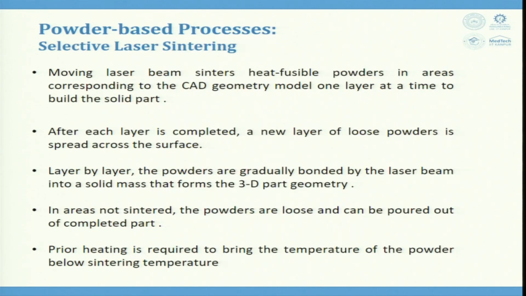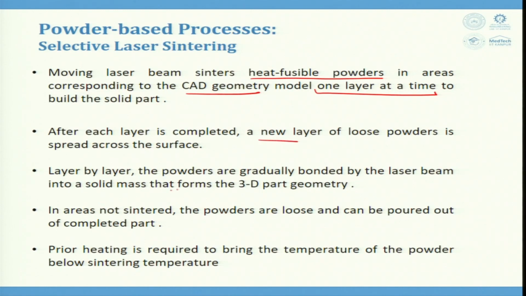Regarding selective laser sintering, here a moving laser beam sinters heat fusible powders in areas corresponding to the CAD geometry model, one layer at a time to build a solid part. After each layer is completed, a new layer of loose powders is spread across the surface.